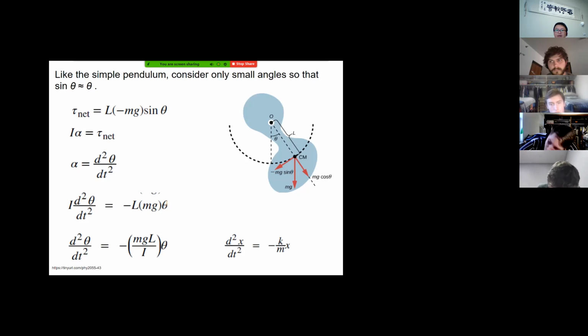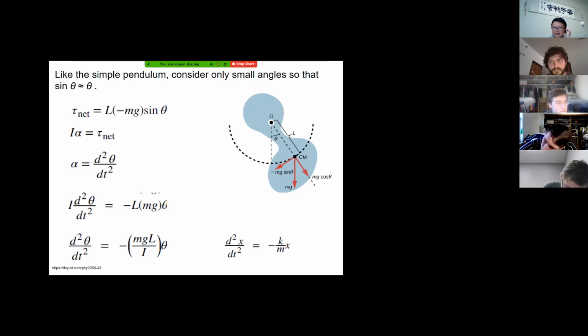Okay, so then L times minus mg sine theta will be the net torque. According to the second law in rotational motion, moment of inertia times rotational acceleration should equal the net torque.